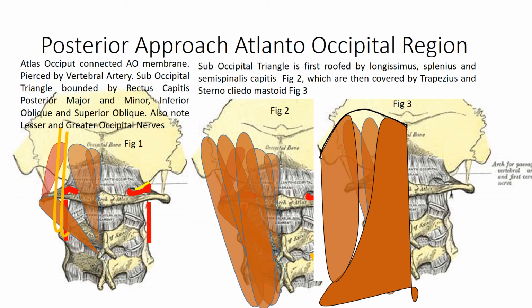This triangle is roofed, from lateral to medial, by longissimus capitis, semispinalis capitis, and splenius capitis. And above this you have the superior nuchal line, middle third giving rise to trapezius, and lateral third giving rise to sternomastoid, and this is the apex of the posterior triangle. So this is the posterior approach of the atlanto-occipital region.